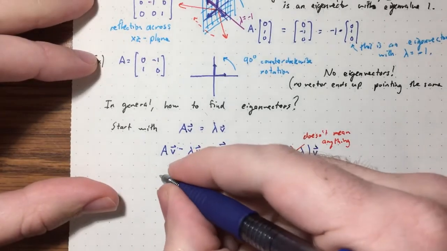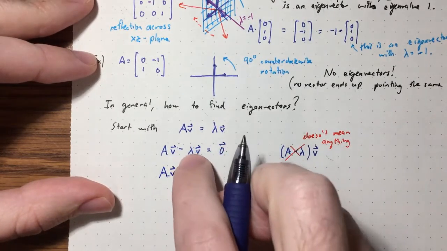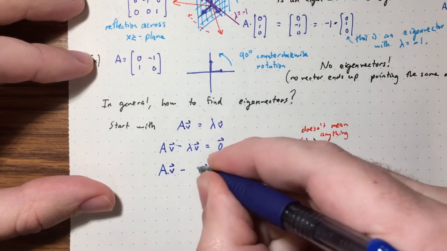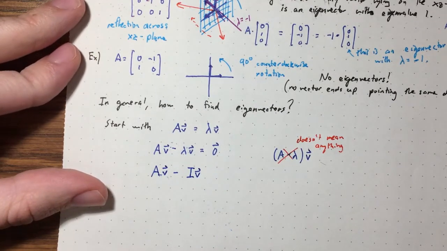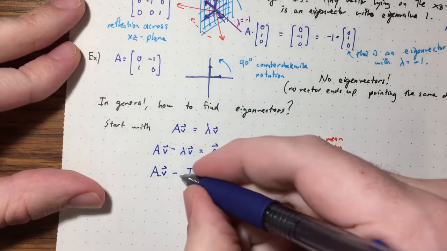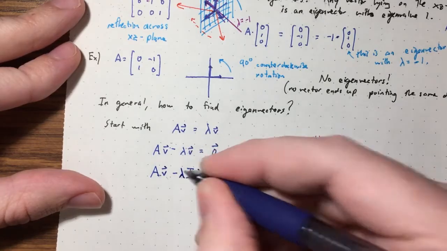Well, I'm gonna use a trick here. This is a great trick to remember. I'm going to turn this lambda into a matrix by rewriting V as V times the identity matrix. All right, so the identity matrix times any vector is just the vector itself. So V is the same as IV. And let's keep my lambda here.